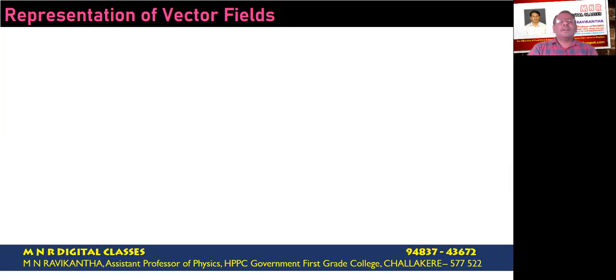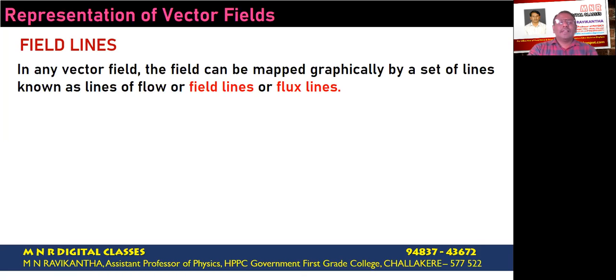Let us understand the representation of vector fields. Just like scalar fields are represented by level surfaces, vector fields are represented by flux lines or field lines. In any vector field, the field can be mapped graphically by a set of lines known as lines of flow or field lines or flux lines.